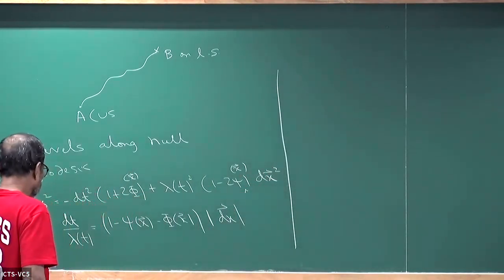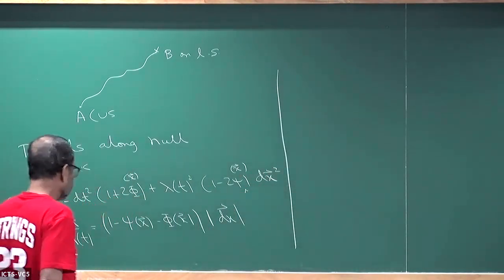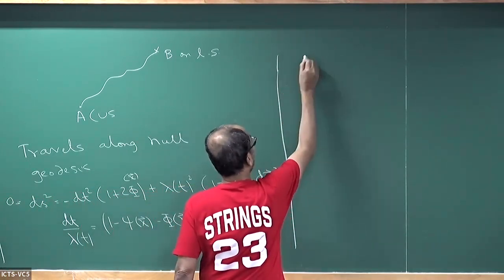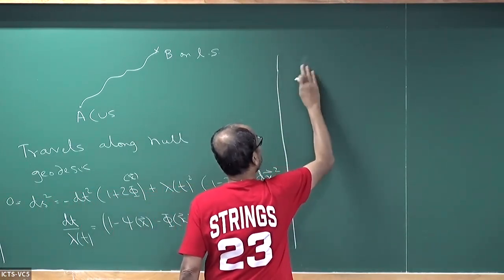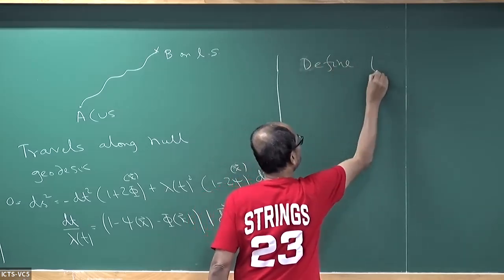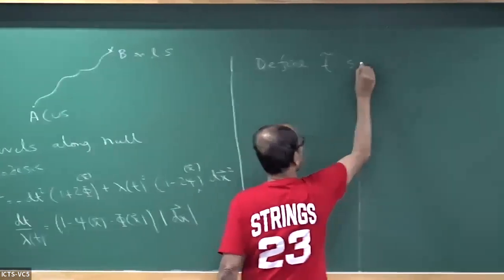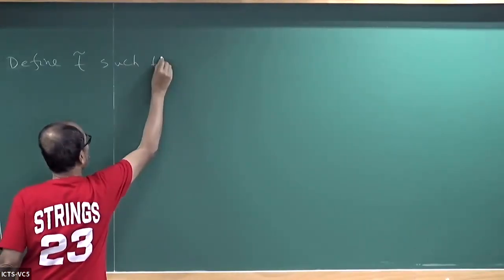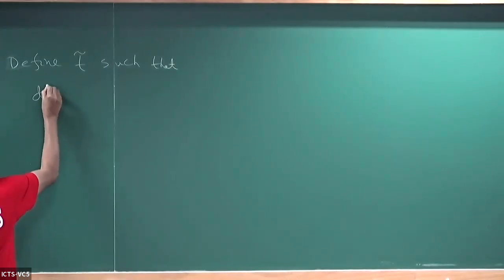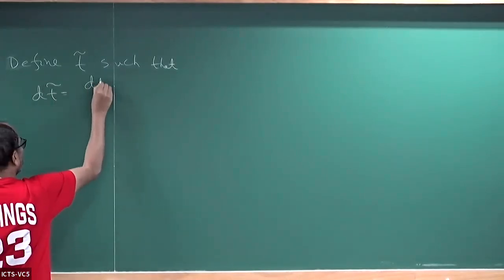Now let's try to do also something else. Let's suppose that we define a variable, I'll not call it tau, t tilde, such that dt tilde is dt over lambda t.